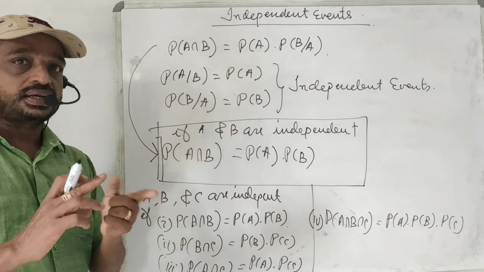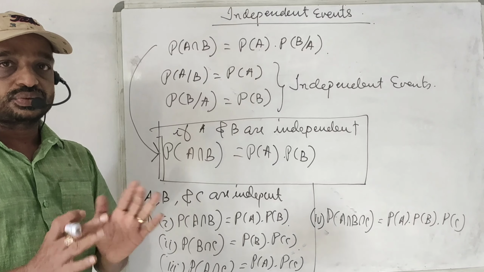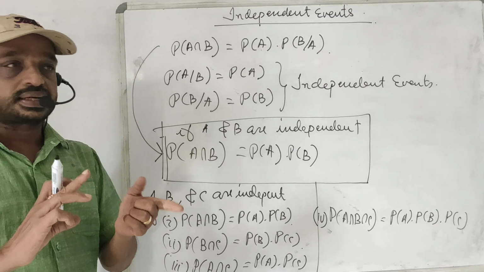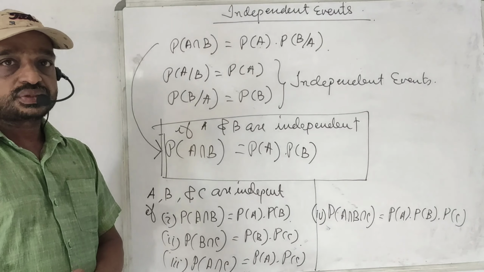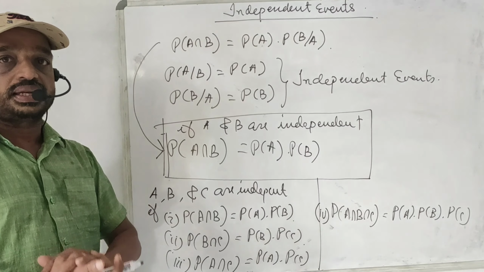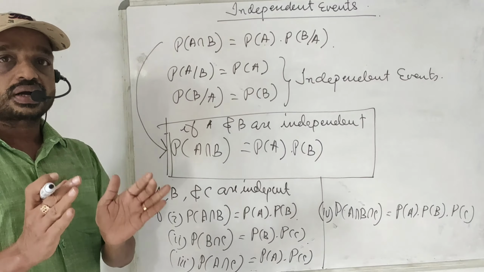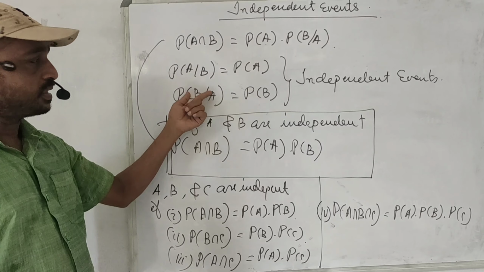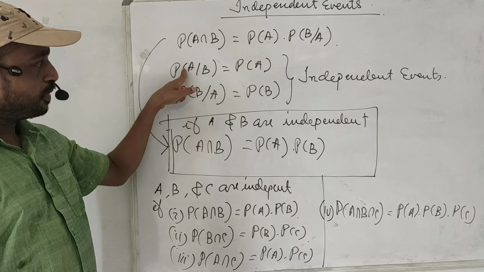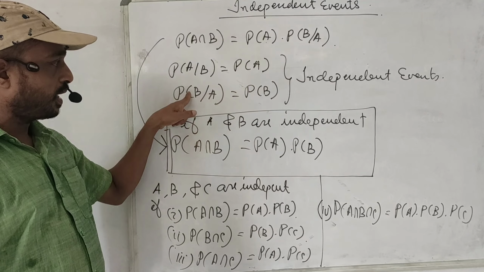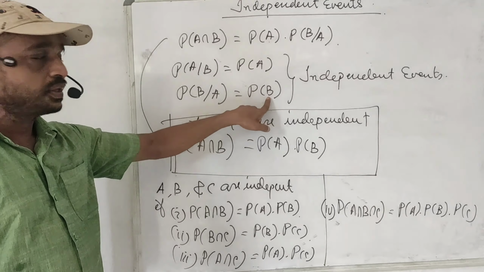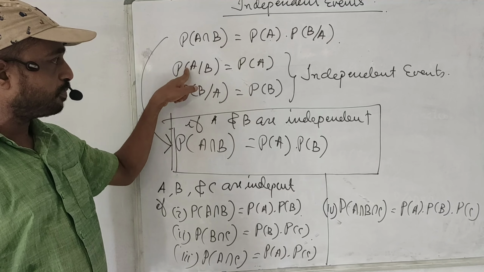So what is the meaning of independent events? For the sake of simplicity, let us consider two events. Two events A and B are said to be independent if occurrence or non-occurrence of one of the events does not affect the probability of occurrence of the other. So two events A and B are said to be independent if P of A given B is equal to P of A and P of B given A is equal to P of B. What is the meaning of P of A given B?